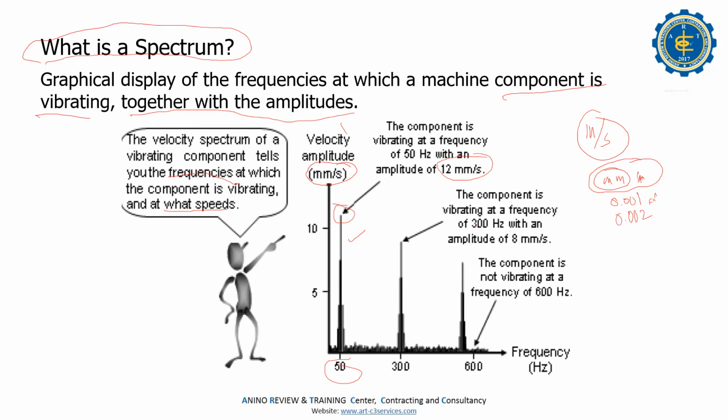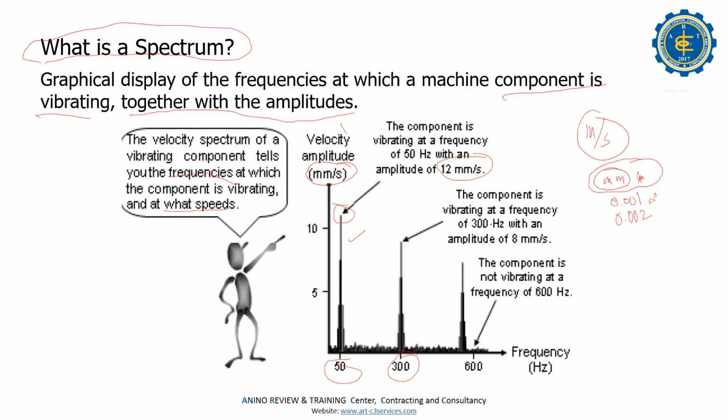So the component is vibrating at a frequency of 300. This is only an example, not the actual 1x, 2x, 3x. This is only an example for the X-axis and Y-axis. If you see this, you might say this is not true, 50 and then 300 in the actual.